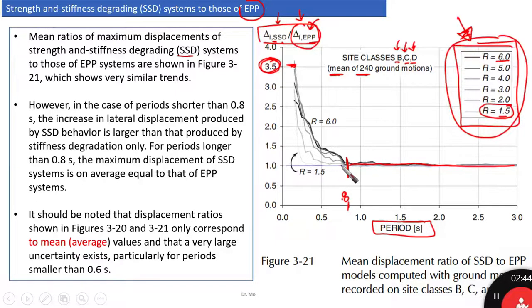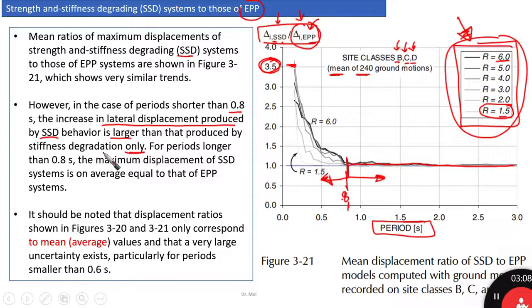So this means that before 0.8 and after 0.8 there is a difference that we should note, and this is what I put here as a note. In the case of periods shorter than 0.8 seconds, the increase in lateral displacement produced by SSD behavior is larger than that produced by stiffness degradation only.